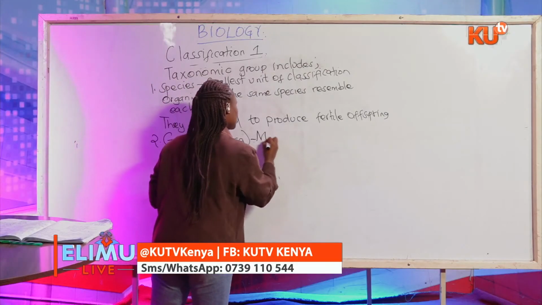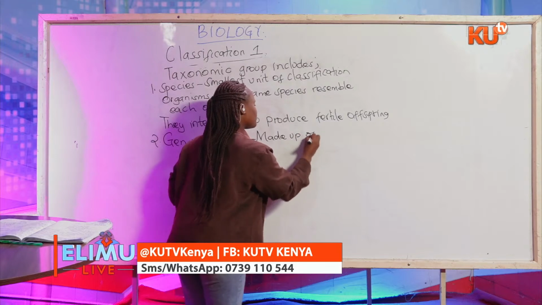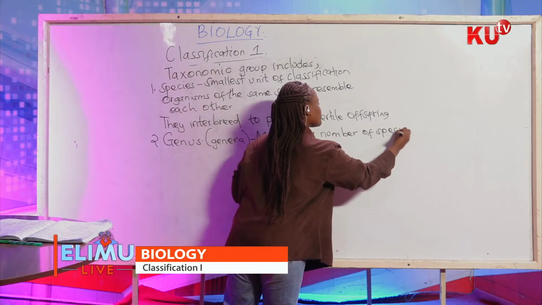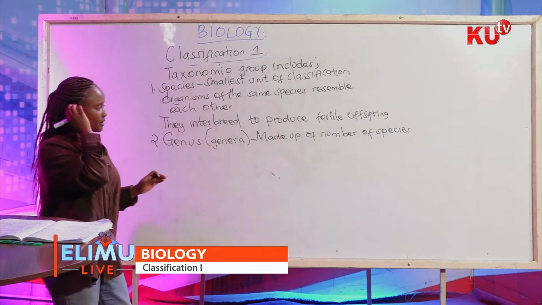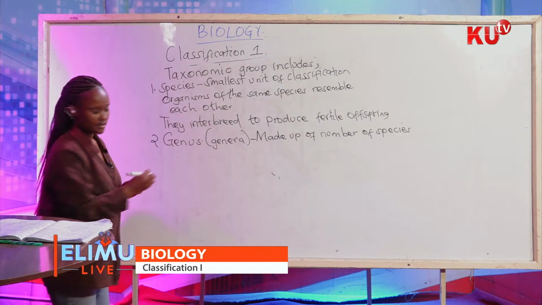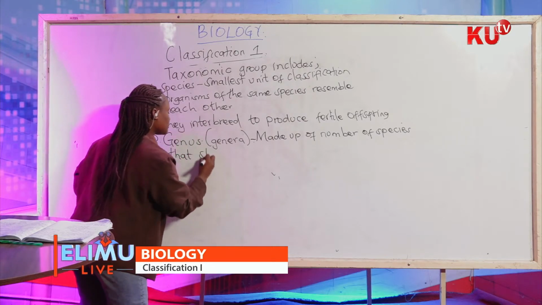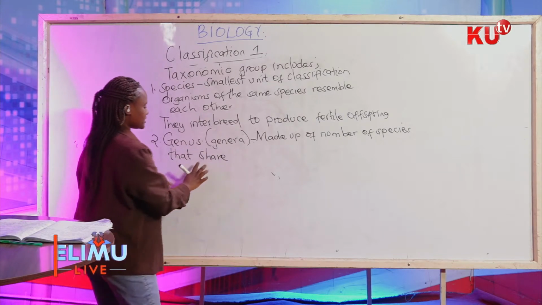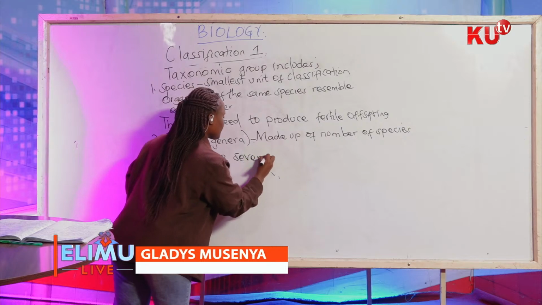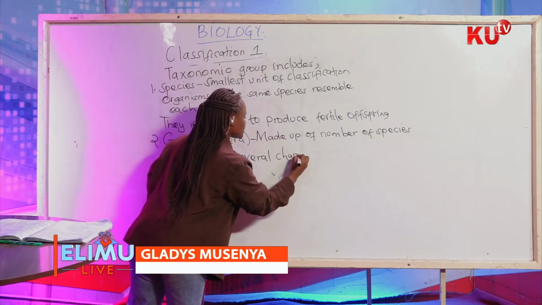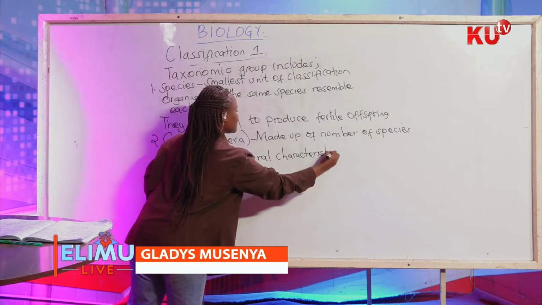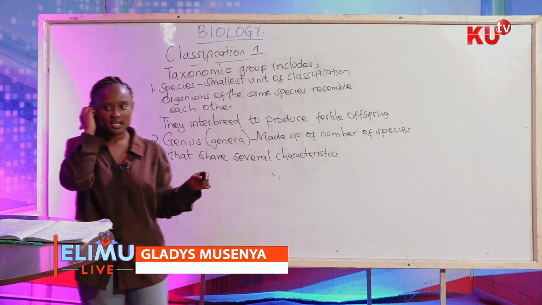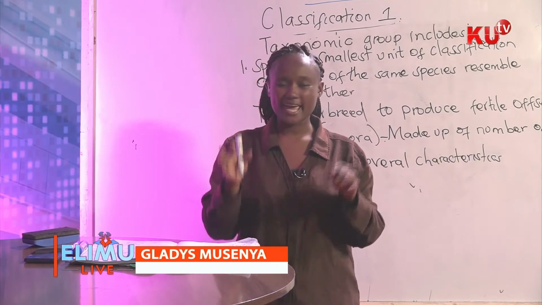So a genus is made up of a number of species that share several characteristics, and then members cannot interbreed.